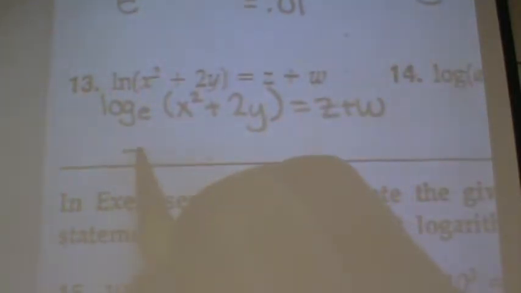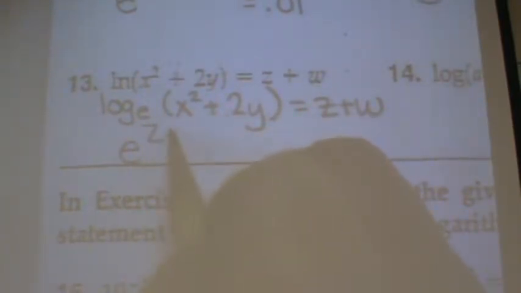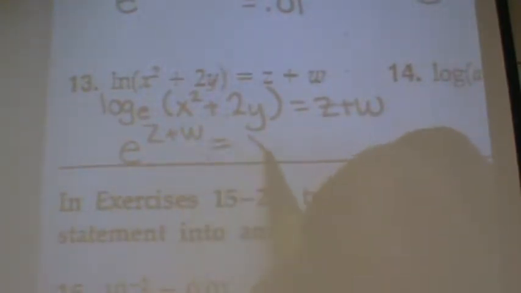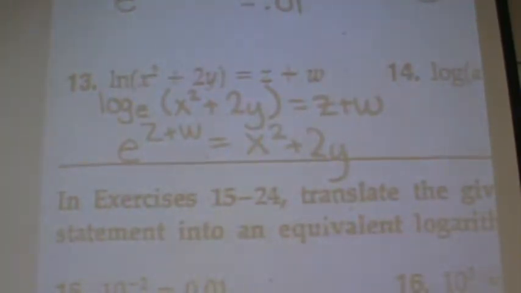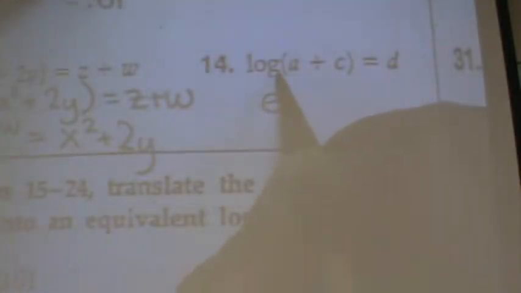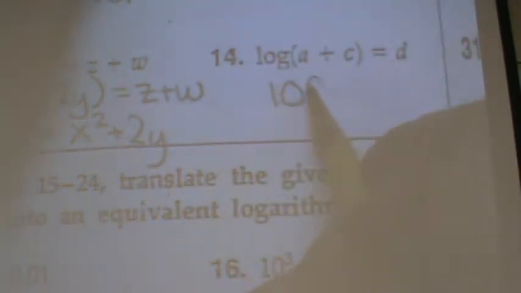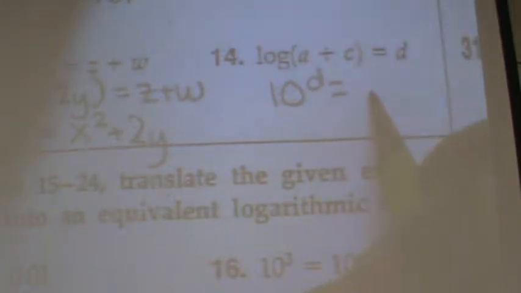So this would be E to the Z plus W power equals x squared plus 2y. And the last one, number 14, E. Oh, I'm sorry, this is the log problem. This is not ln. Log, what's the base here, if you don't see it? So this would be 10 to the D power is A plus C.